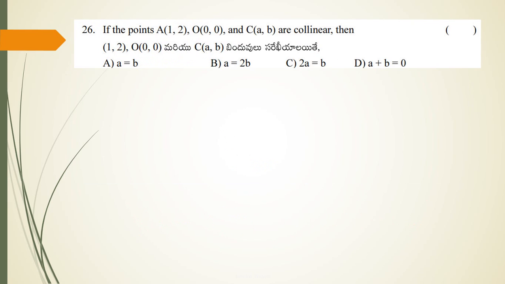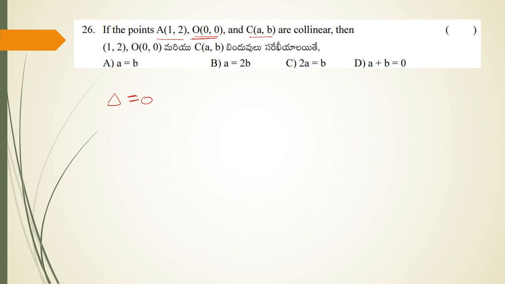Next, moving on to question number 26. What has he given? A is 1 comma 2, O is 0 comma 0, and C is a comma b, and they are collinear. Collinear means all the 3 points lie on the same line, right? To find the collinearity, which formula can we apply? We can use area of triangle is equal to 0. So delta is equal to 0, right?